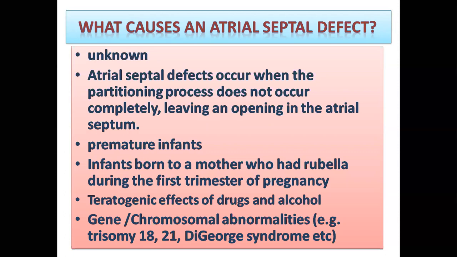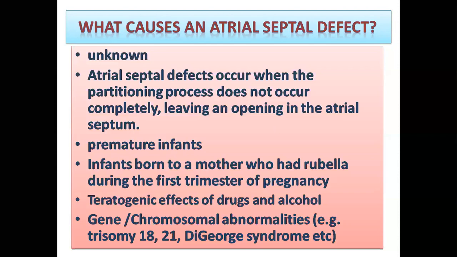It commonly occurs when the partitioning process does not occur completely, leaving an opening in the atrial septum during development. That is particularly during the embryological stage. It may be affected by improper nutrition of the mother, or by some genetic factor, or some chromosomal abnormality.